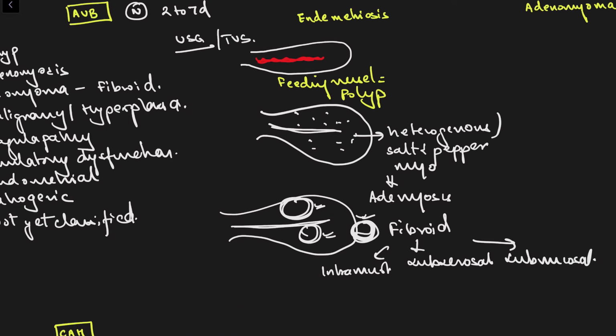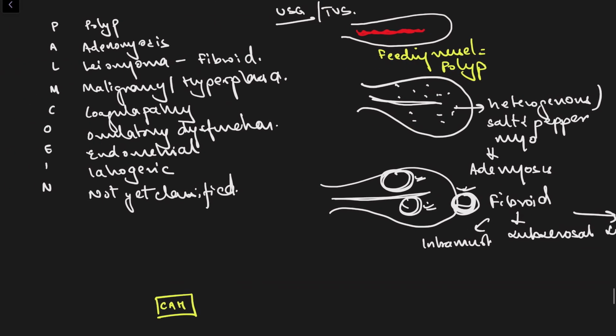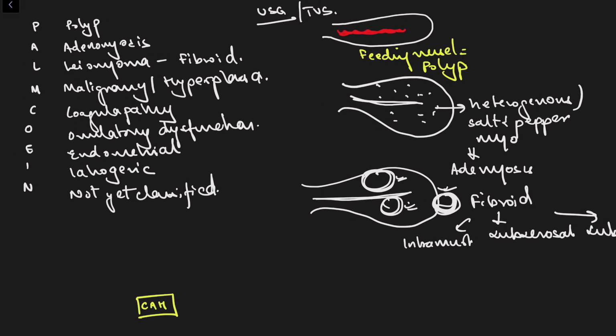Okay. Then any malignancy, and fibroids are well defined, heterogeneous, having a whorled appearance, while malignancy will be irregular.